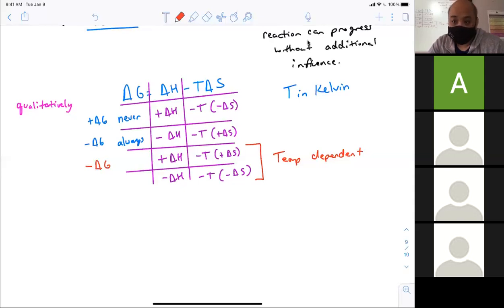Wouldn't you want a really high temperature? Yes, you want a really high temperature. Because a high temperature, like you said, Katya, would raise up the negative side to make it larger than the positive side. And vice versa, you would want a low temperature here, because here temperature is hurting you, making that side more positive. So you'd want a low temperature.